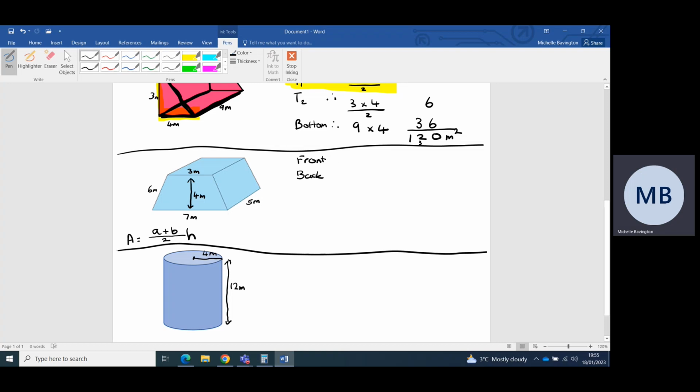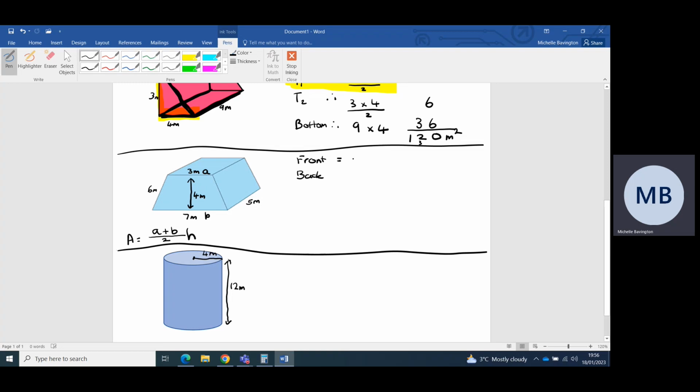So we've got A plus B, top and bottom. Okay? 3 plus 7, A plus B. 3 plus 7 is 10. Divide it by 2 is 5, times by the height, which is 4.